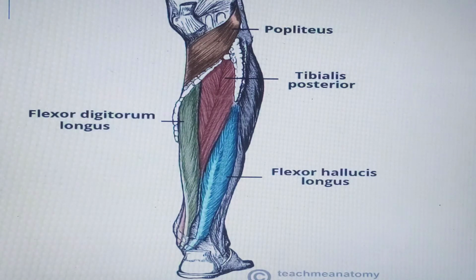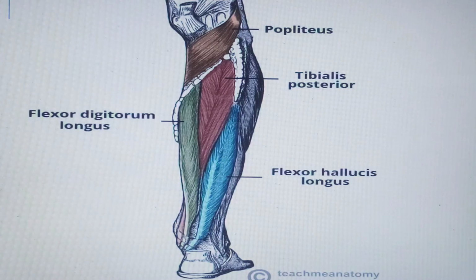Now it is going to originate from between the tibia and the fibula, where we have an interosseous membrane. So it will originate from the interosseous membrane as well as the shaft of the posterior surface of the tibia and fibula. Then of course it will insert. The tibialis posterior will have a great point of insertion.